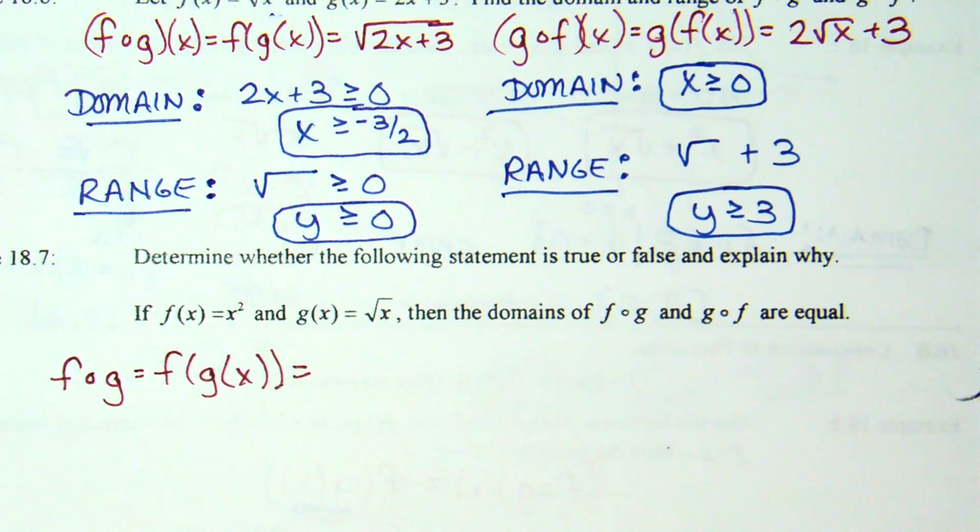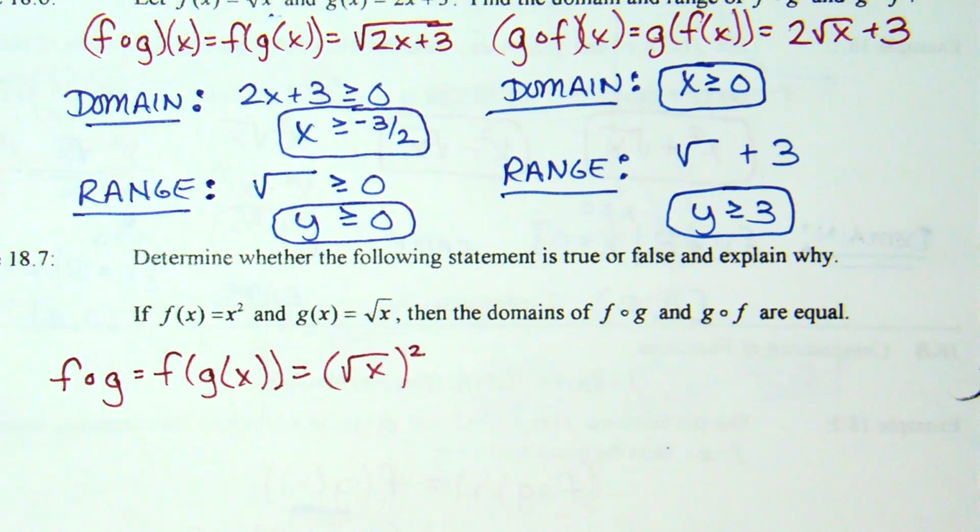Technically, what does the square root of x squared simplify to be? X. Okay? We'll come back and talk about the domain here in a moment. Let's look at Goff. Goff means g of f of x.